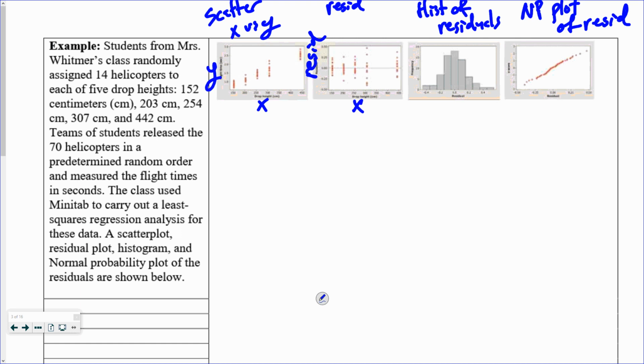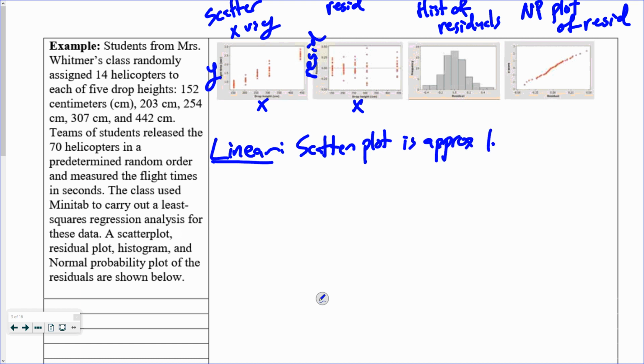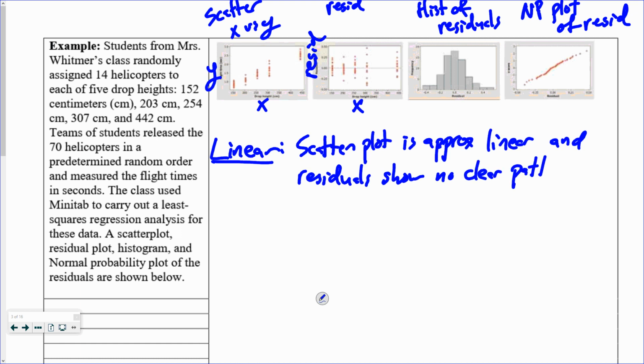So in checking those conditions, the L condition, the linear condition, I would say the scatter plot is approximately linear, and the residuals show no clear pattern. So yeah, the scatter plot seems to be approximately linear.